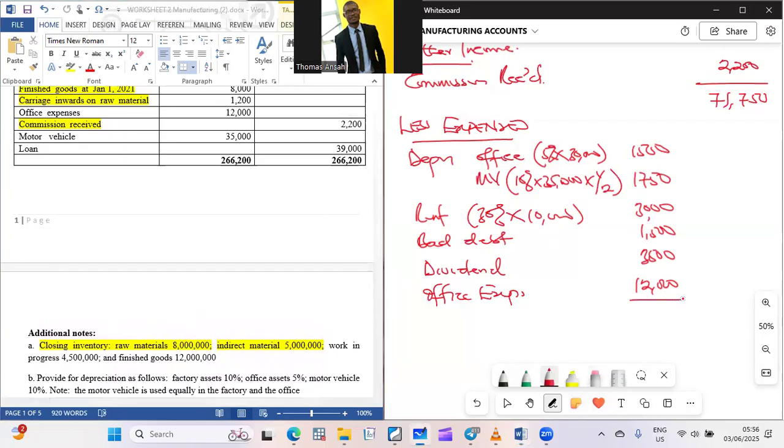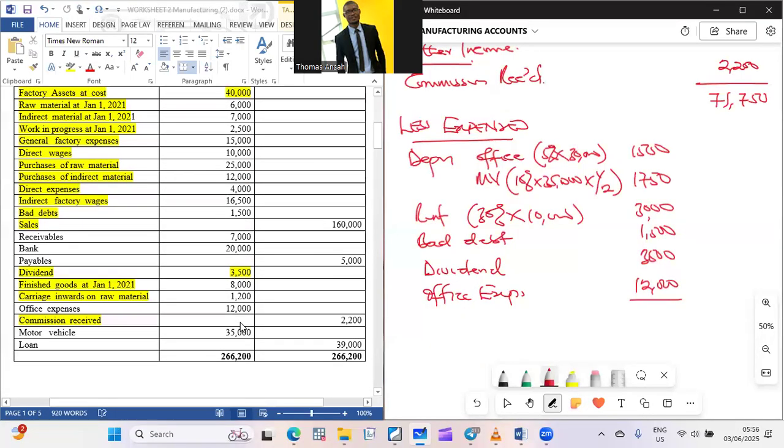We have depreciated the motor vehicle, so then the list is empty. So total expense: 1,500 plus 1,750 plus 3,000 plus 1,500 again, plus 3,500 plus 12,000.